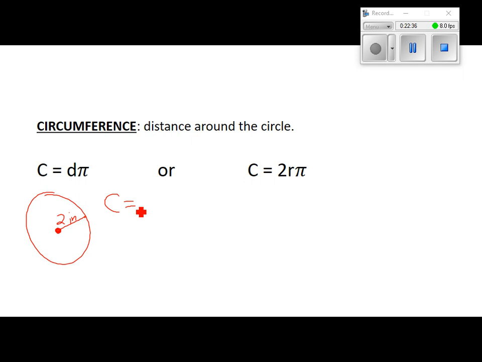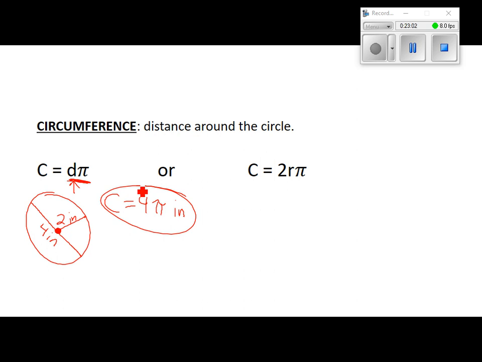It doesn't matter which one we use. If the radius is 2 inches, what's the diameter? 4. So all you do, just plug in right here. What are you going to put in place of D? 4. So it's just 4 times pi, and our units are just inches. That's in terms of pi.